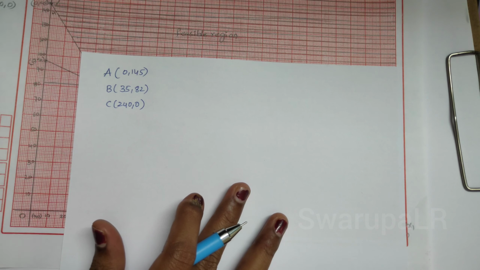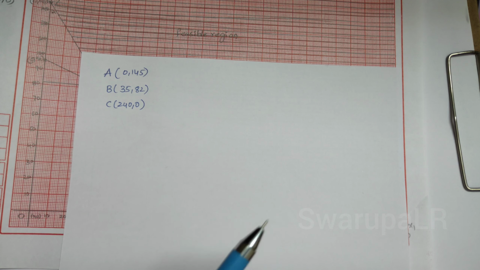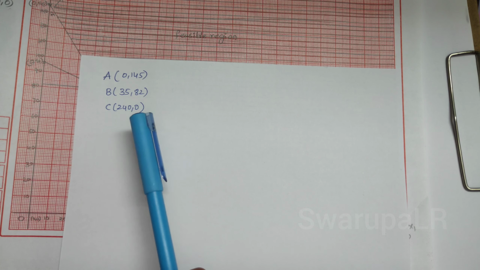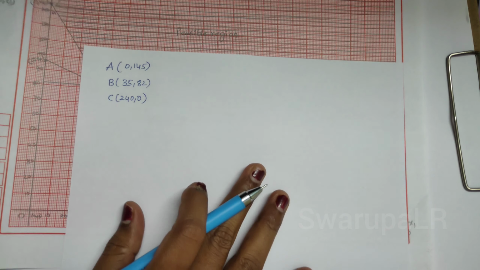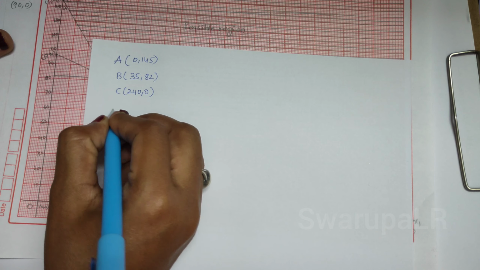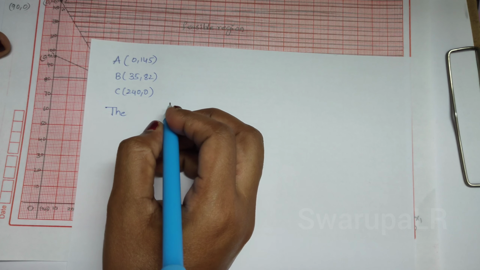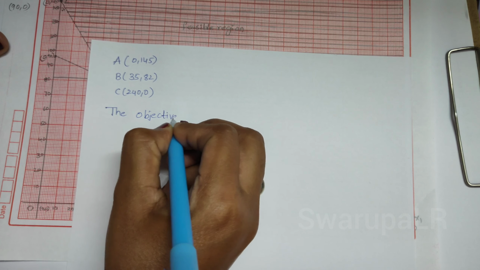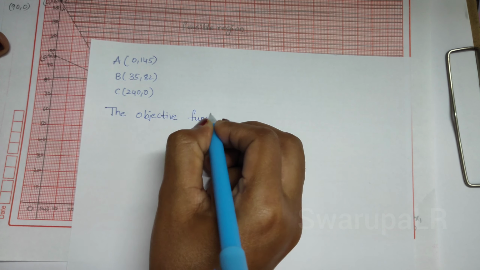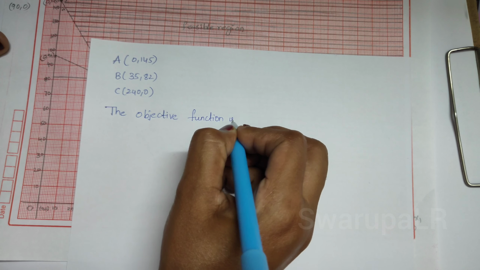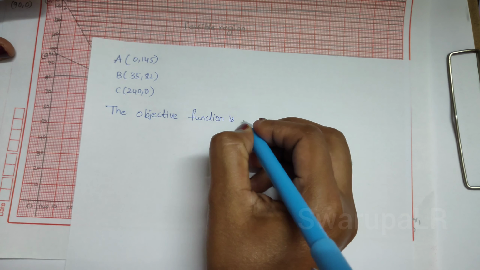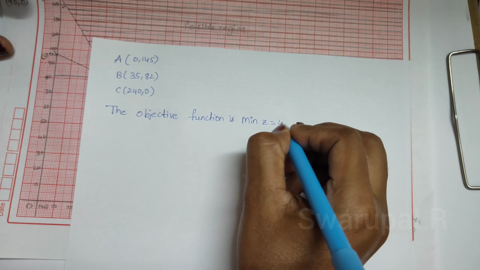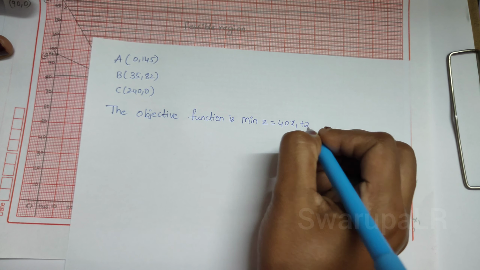After finding these points, we have to substitute these 3 points in the objective function in order to find the optimum value. The objective function is minimize z equals 40x1 plus 24x2.